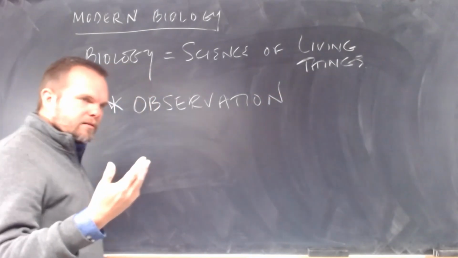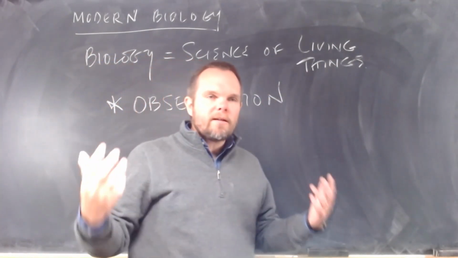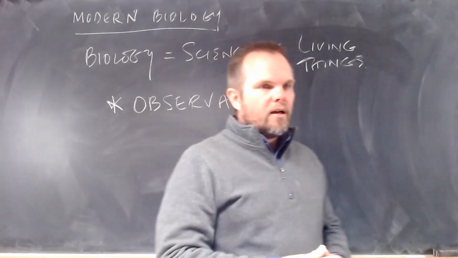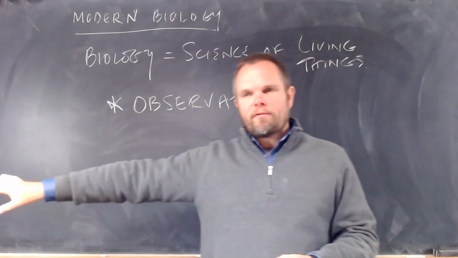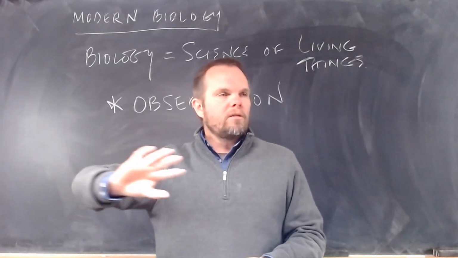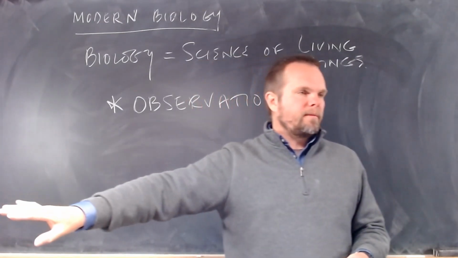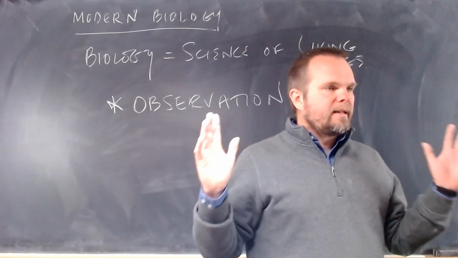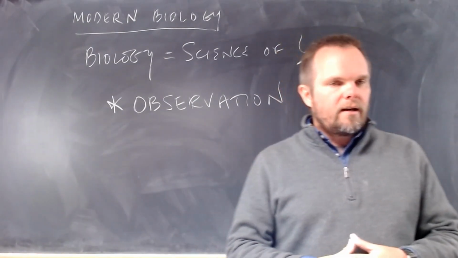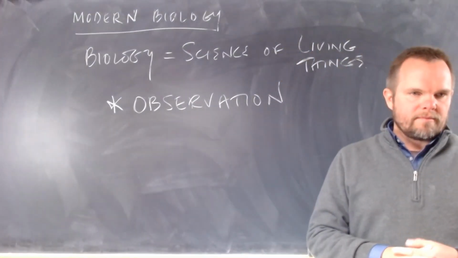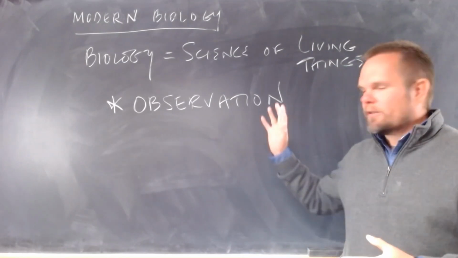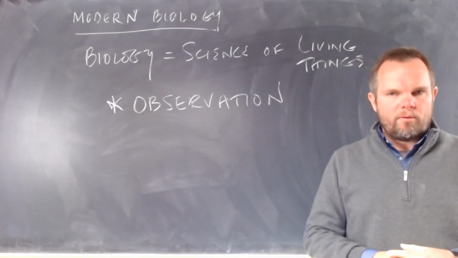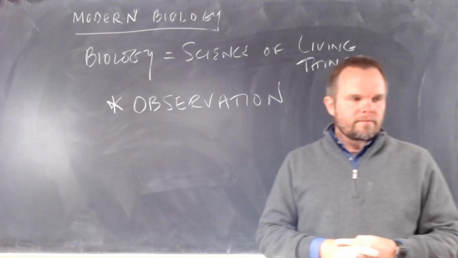What makes natural sciences modern natural sciences, what makes them different from classical natural philosophy, is that they are based entirely on observation. And this is an extremely important point.